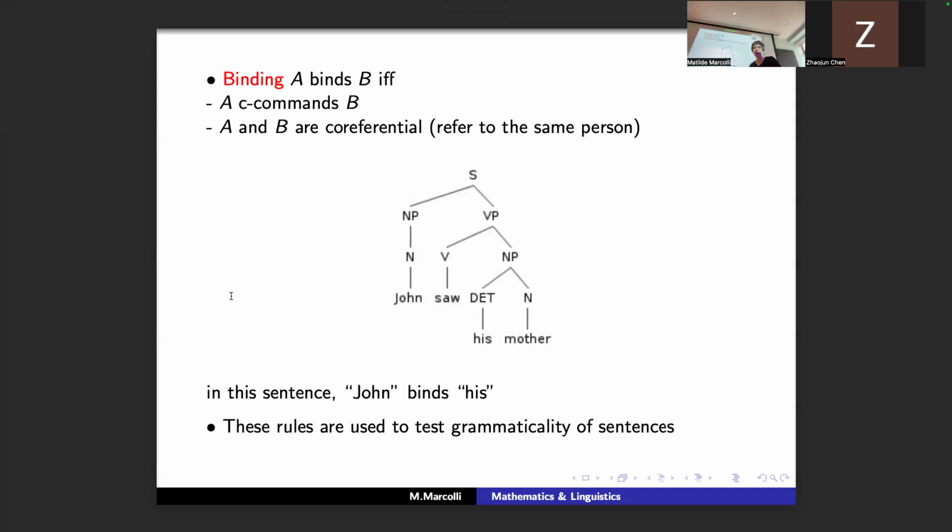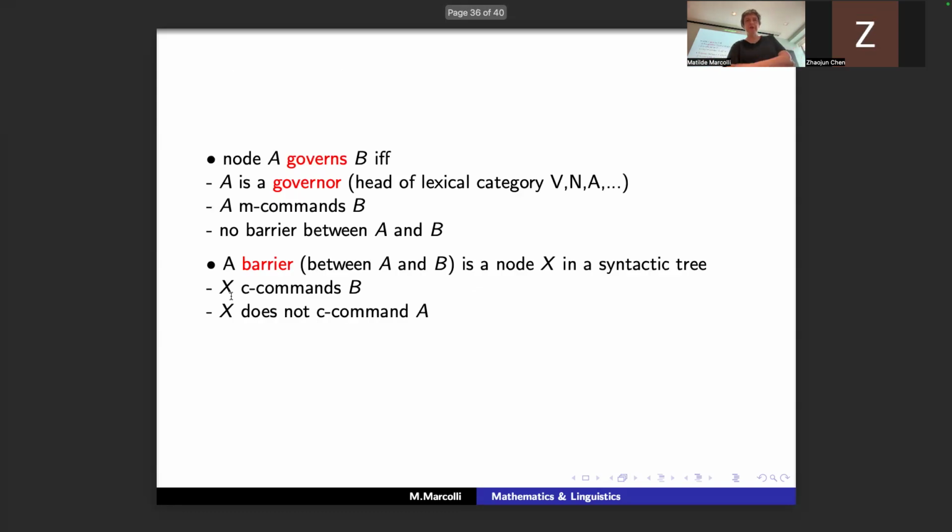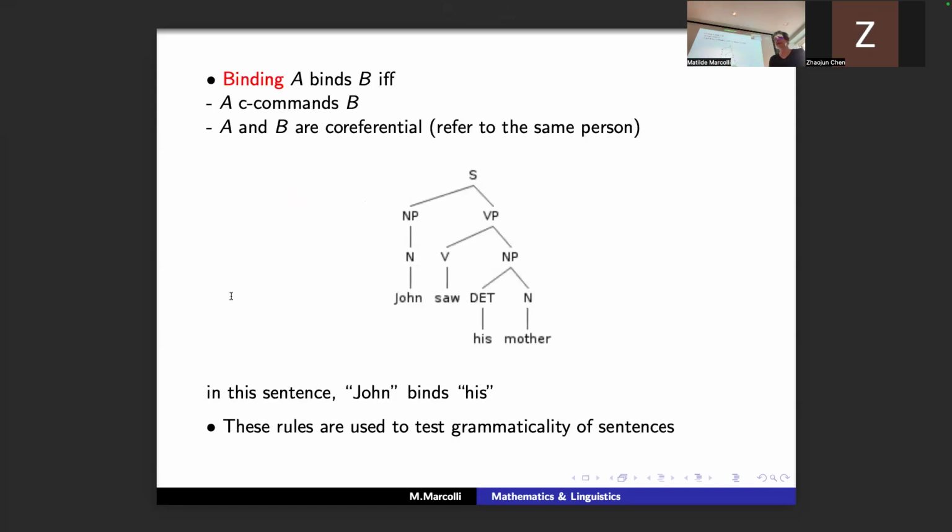And so the binding relation. So government and binding comes from these two types of relations. I said this is the governing relation, and the binding relation: you have two nodes, one that commands the other, and they are co-referential, in the sense that they refer to the same person or the same actor or whatever.